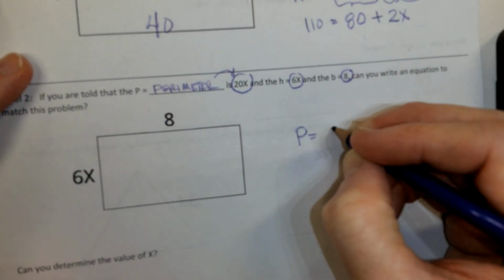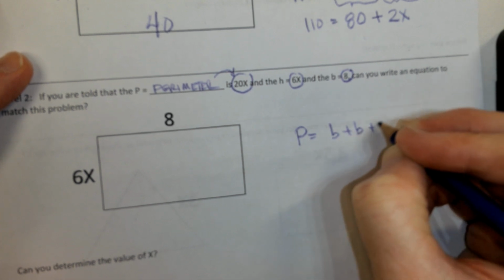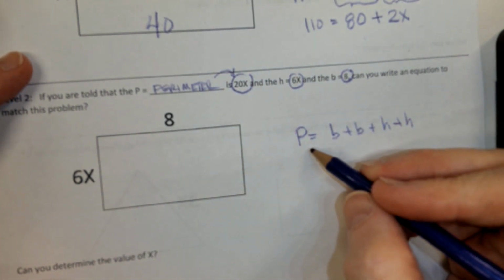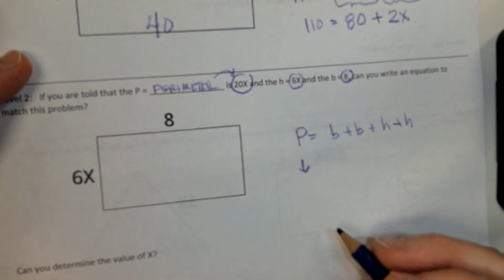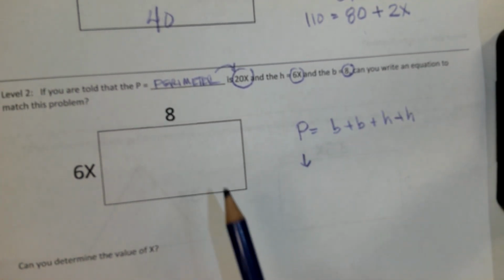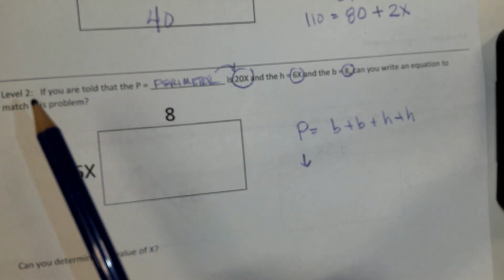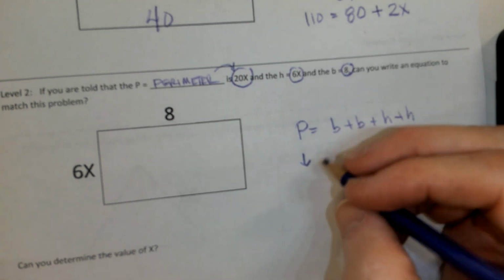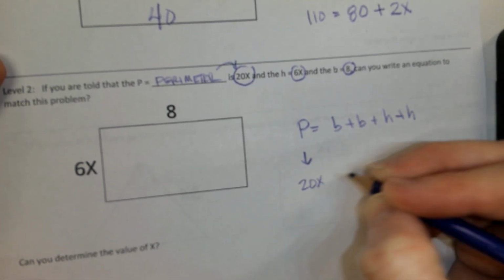Let's write capital P equals baseline plus height line plus height line. What do we know our capital P to be? What's the value for capital P in the sentence? 20x. Yeah, it's 20x. So where the capital P is, we're going to write 20x.